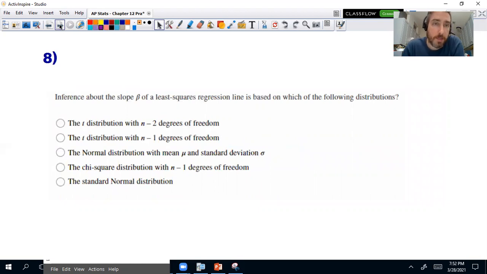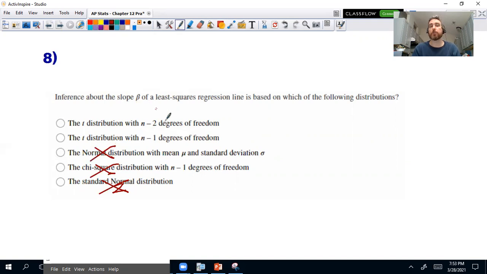All right, number 8. Inference about the slope beta of a least squares regression line is based on which of the following distributions? Slopes are dealing with averages, so it's still going to be dealing with means. Means are t's, not chi-squared, not normal.